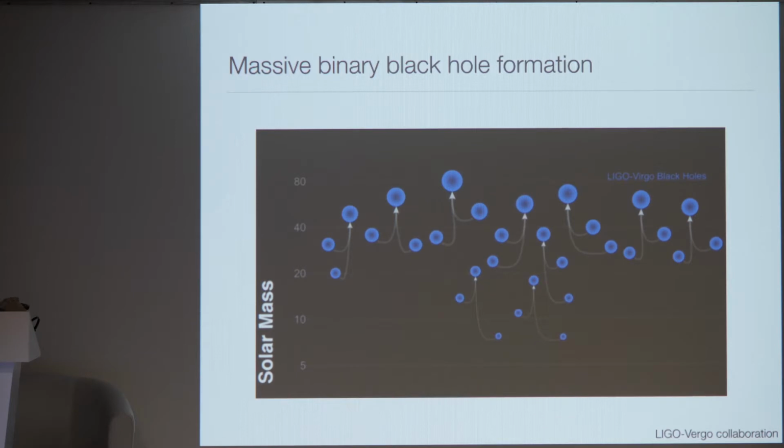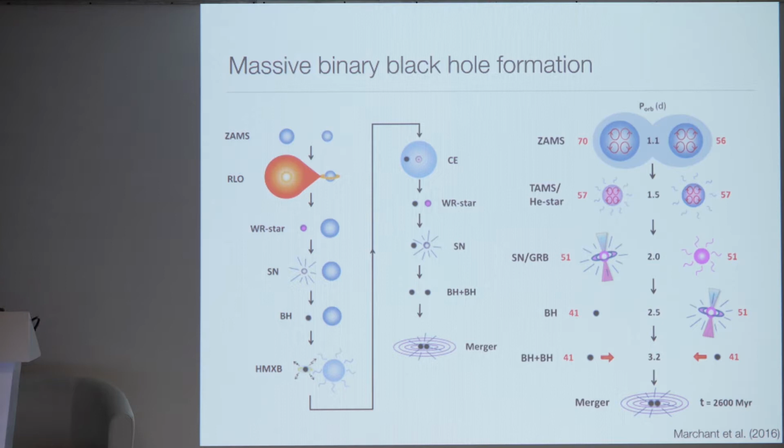So, of course, the first gravitational wave detections, or many of them, are coming from these massive black holes, and the formation scenario for this massive binary black hole system is one big discussion currently going on in the stellar evolution community.